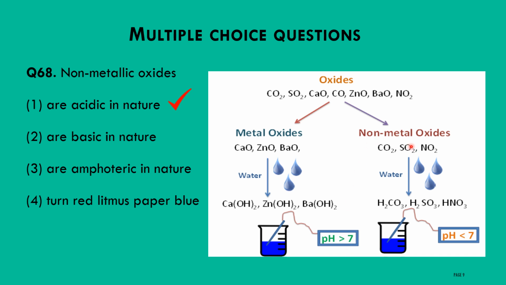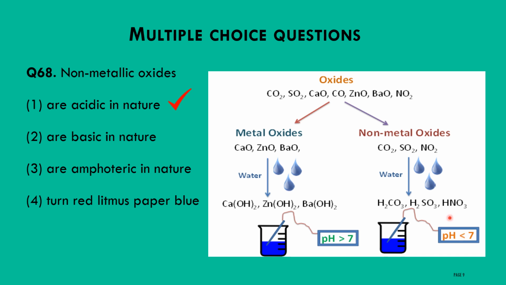Coming to non-metal oxides like carbon dioxide, sulfur dioxide, nitrogen dioxide, when they react with water you will get respective acids like H2CO3, carbonic acid, H2SO3, sulfurous acid, HNO3, nitric acid. These acids have pH less than 7.